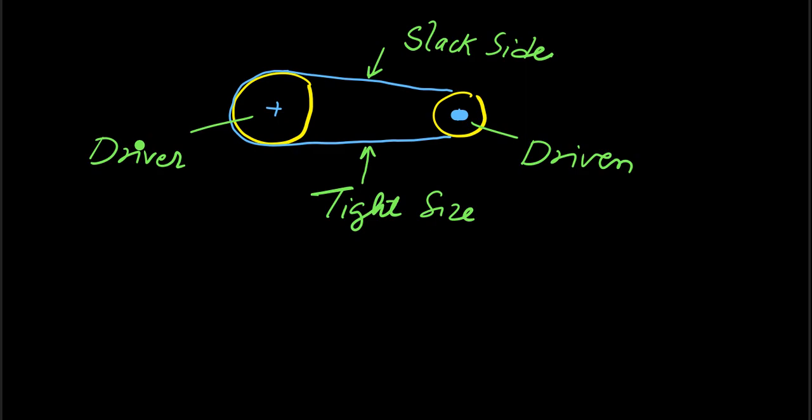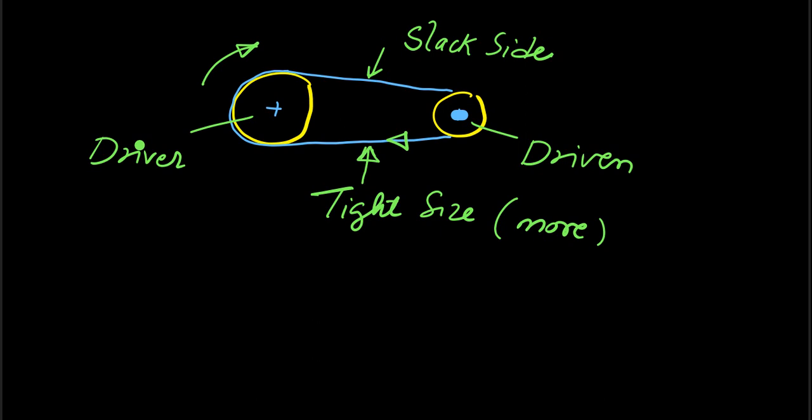Tight side means, for example, if the driver is rotating in the clockwise direction, the tension on this side will be more here, because the driver is making more tension when it is rotating clockwise.